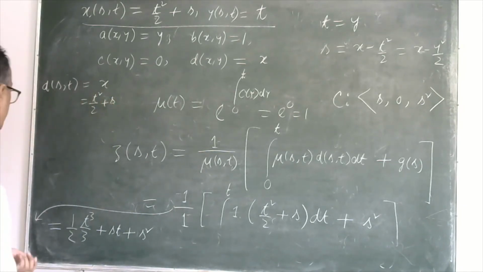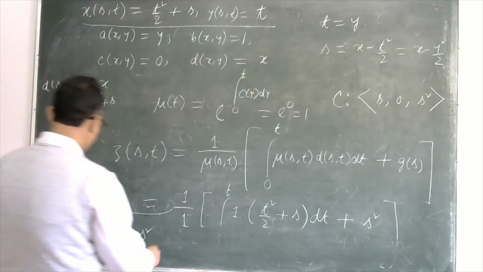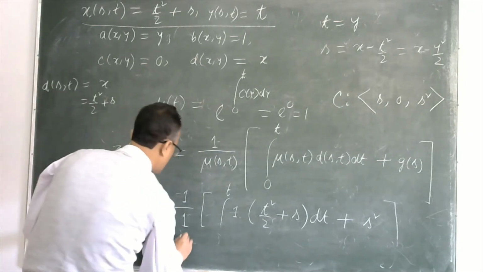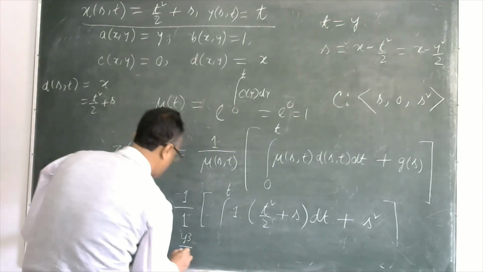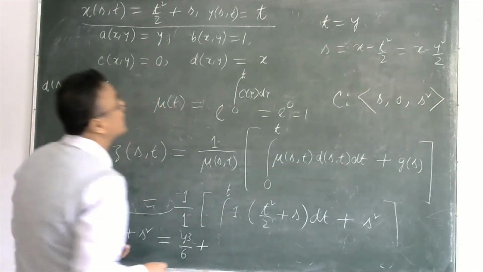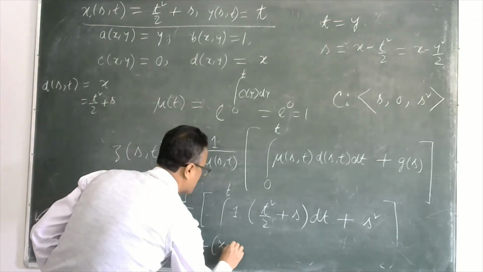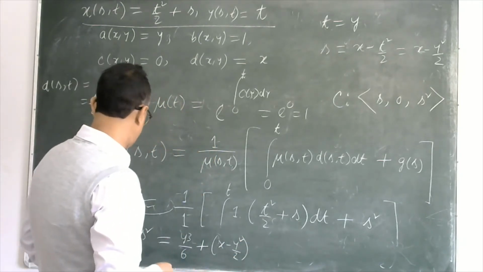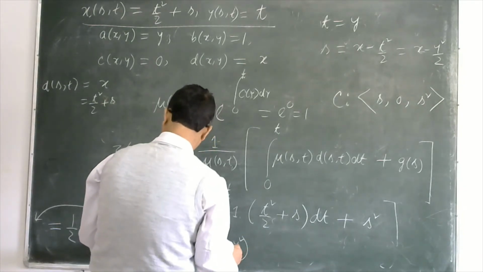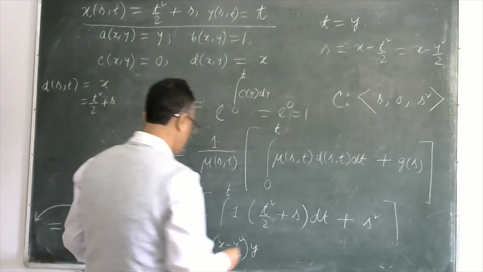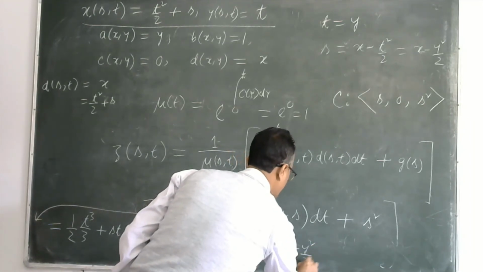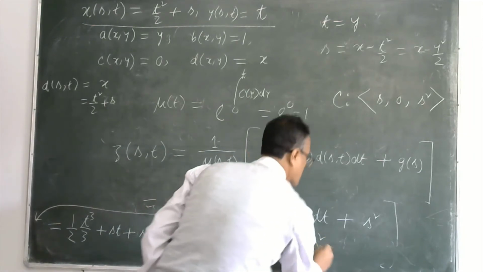So now if I plug in the values of s and t in terms of x and y, this is y cubed by 6 plus s is x minus y squared by 2, and then t is simply y, and then again x minus y squared by 2 whole square.